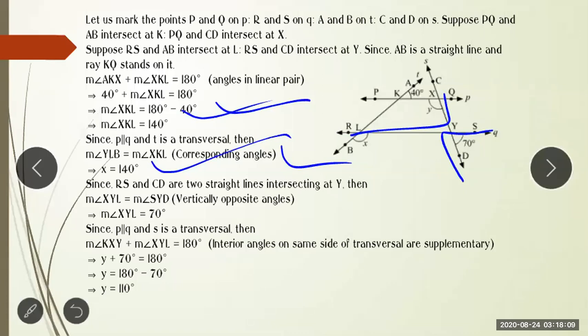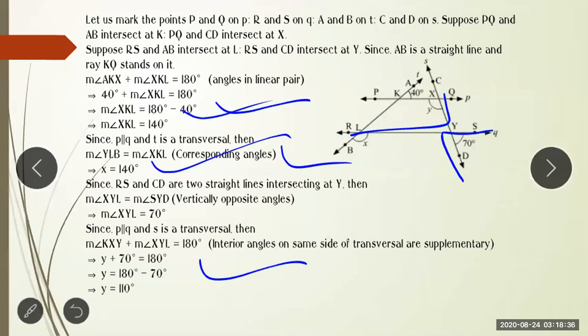Set as a transversal. Then we are getting measurement angle KXY plus measurement angle XYL equal to 180 degree. That means it is an interior angle on the same side. So here Y plus 70 degree equal to 180 degree.